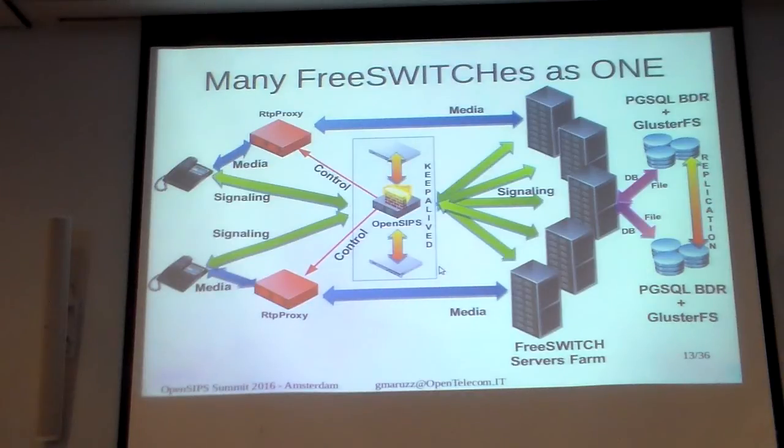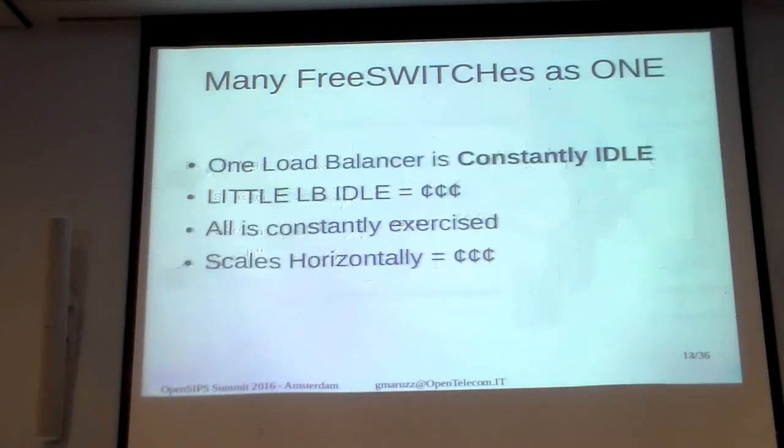But in this case, this is not so big a problem because it's not at all a big machine. I mean, OpenSIPS proxies, being C proxies, are so optimized, so powerful, and they only deal with signaling, so they need very low resources, a very little machine to run on, and they can manage thousands and thousands of calls.